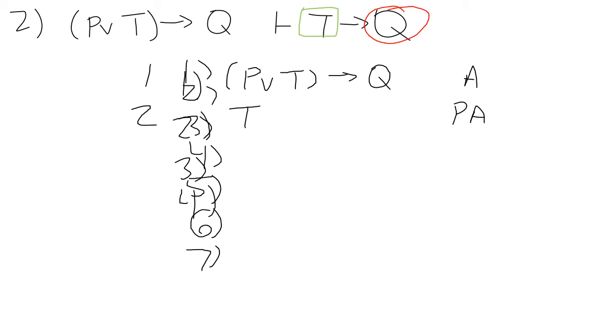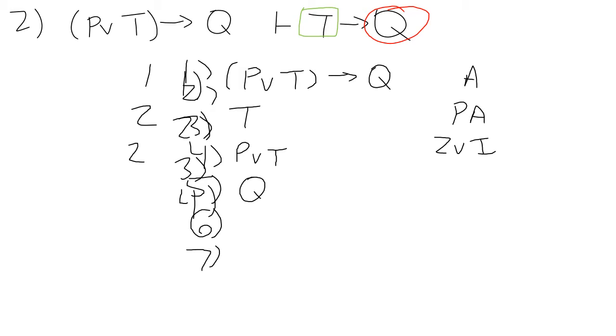Well, it's just a wedge. So we can wedge in the P with our T. So we could do P wedge T in line 3, doing 2 wedge in. And then that gives us our antecedent, so we can get Q in line 4.